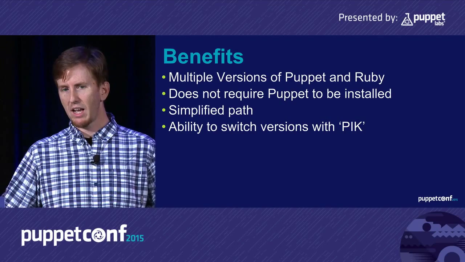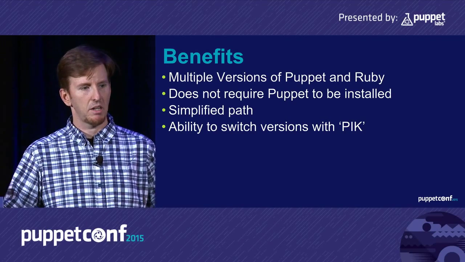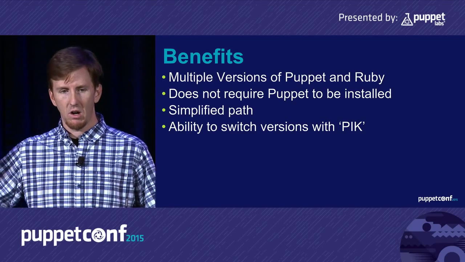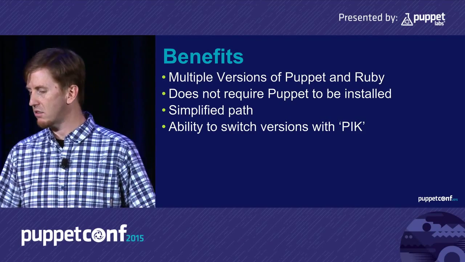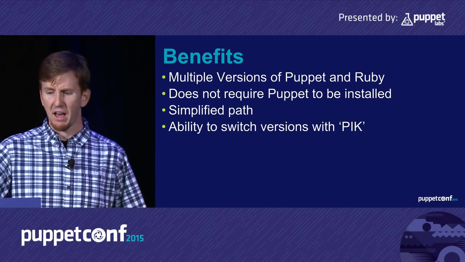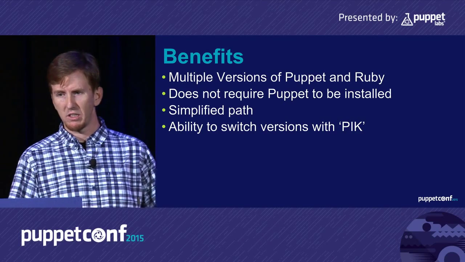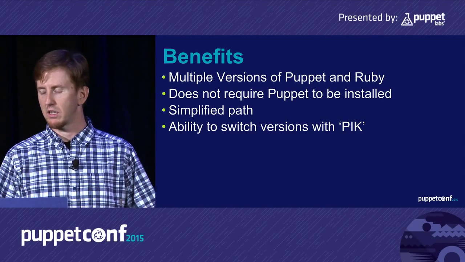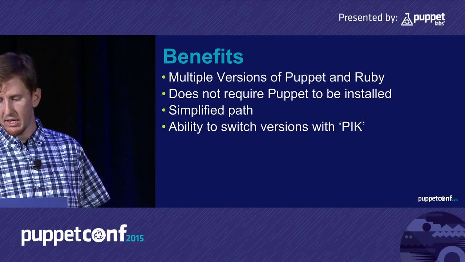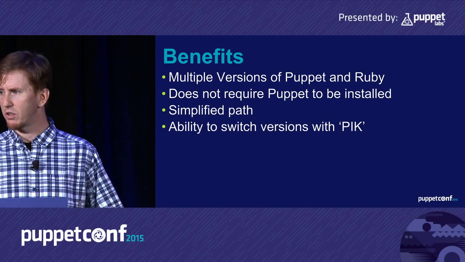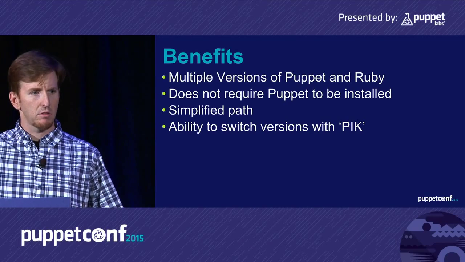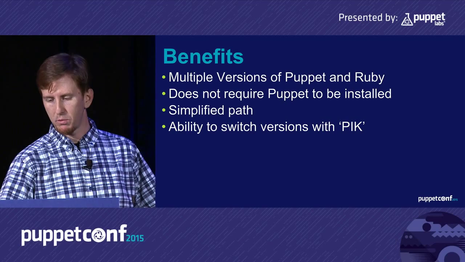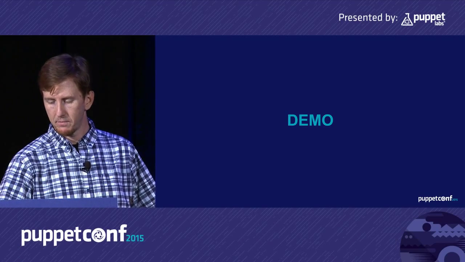And it doesn't require that I install Puppet on my system. I can worry about the gem dependencies on an isolated basis. And a simplified path: if I want to install in C:\Ruby, I know where it's at, and I can shortcut everything. With Pik, similar to RVM or rbenv, I can switch quickly between versions.